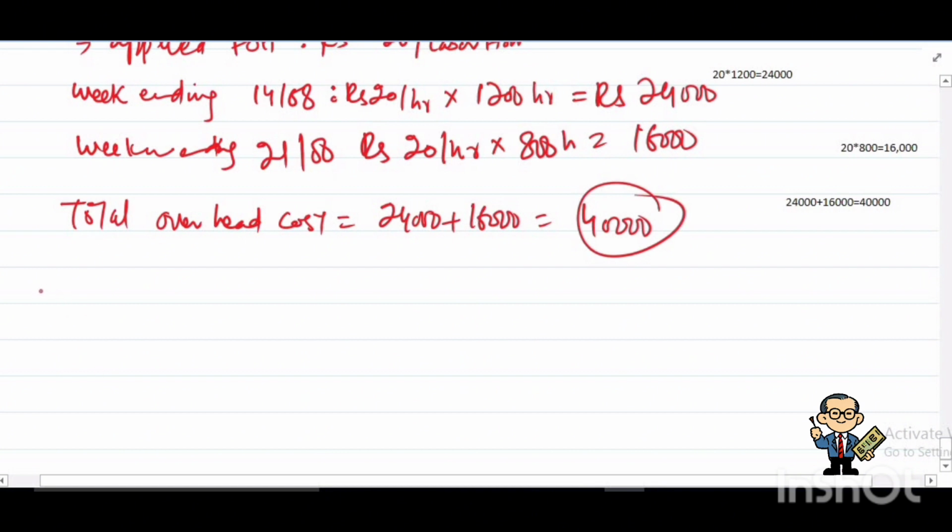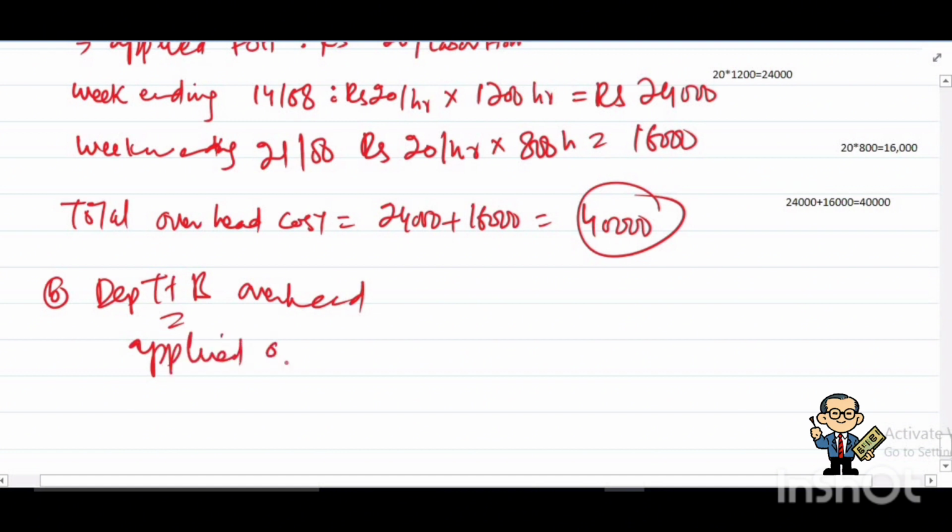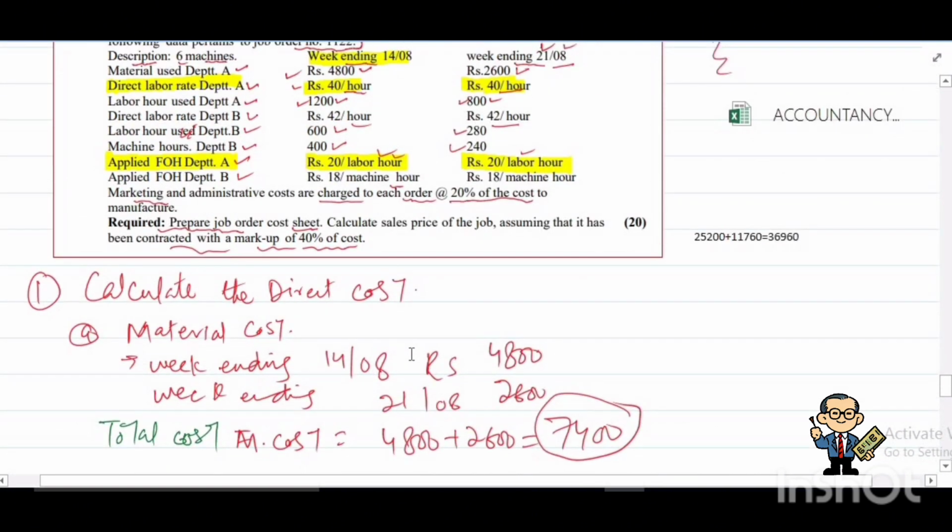We have the other department, and that is the department B, and the applied overhead. The applied overhead for this department was at the rate of 18 per machine hour, which is given in the question. Let me show you the question again.